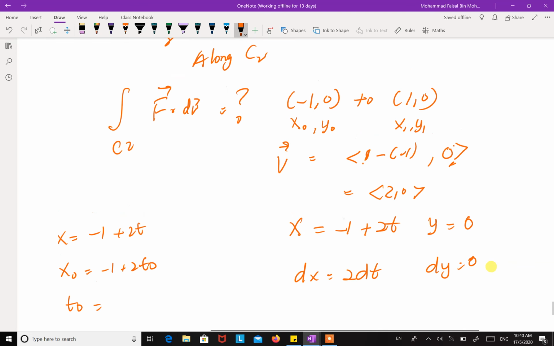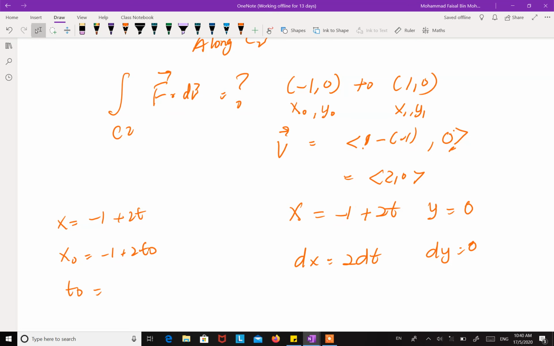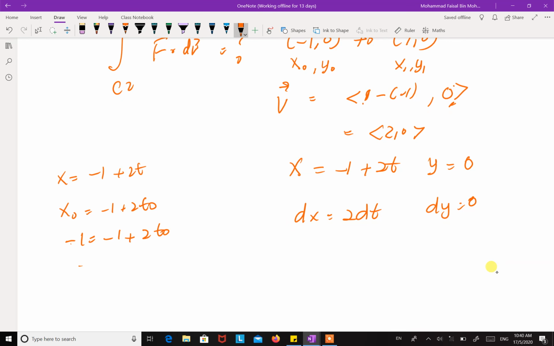So x equals -1 plus 2t. Your x naught will be -1 plus 2 t naught.